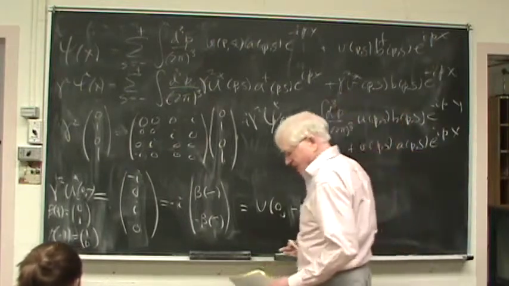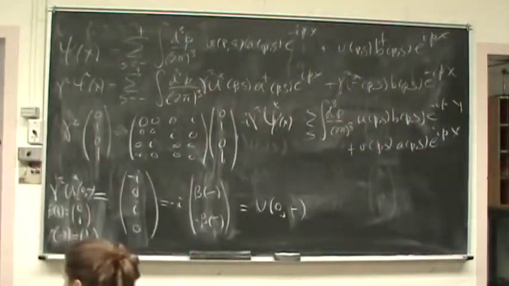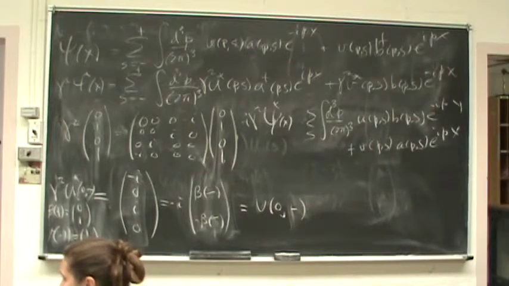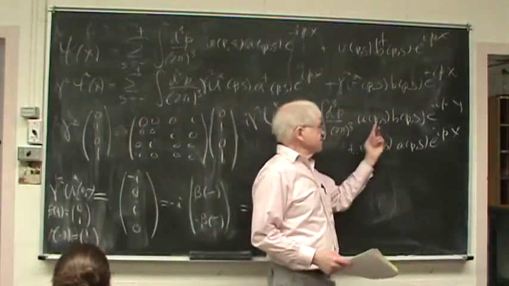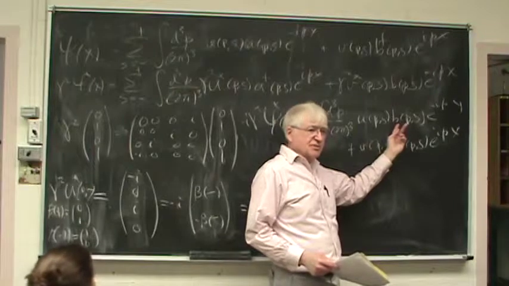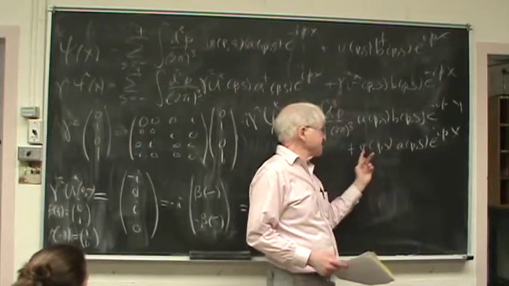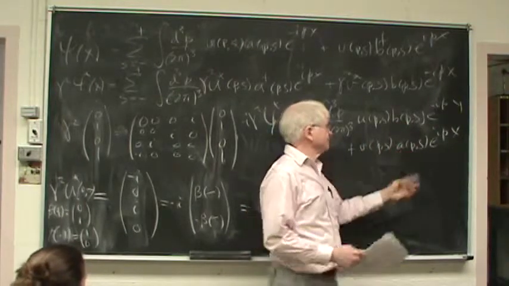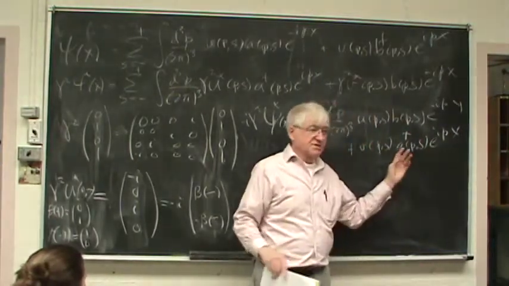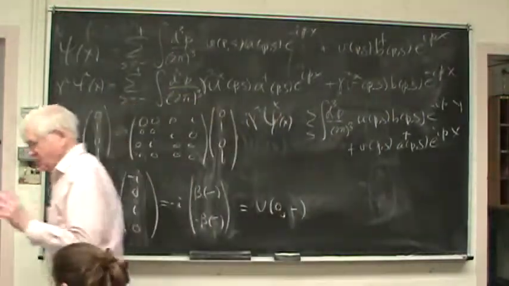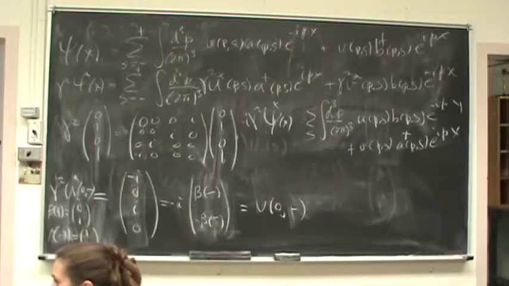In other words, what we've got, apart perhaps from an i, is that gamma 2 psi star is the u spinors times the annihilation operator for the antiparticle plus the v spinors times the creation operator for the particles. And so what charge conjugation then does is just interchange particles and antiparticles, and it leaves the spin alone.